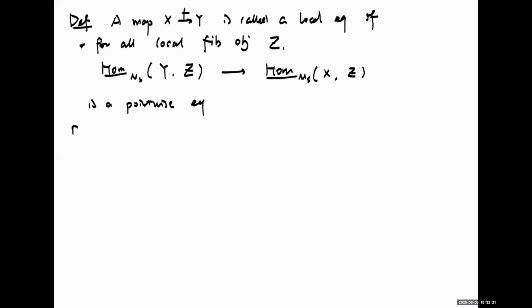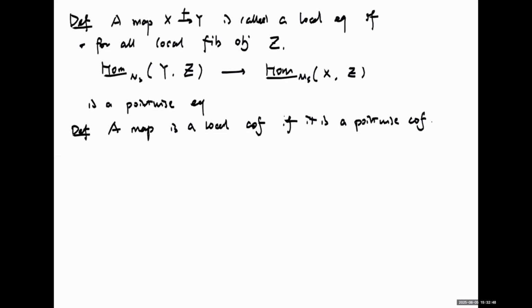And another definition is that a map is a local cofibration if it is a pointwise cofibration.